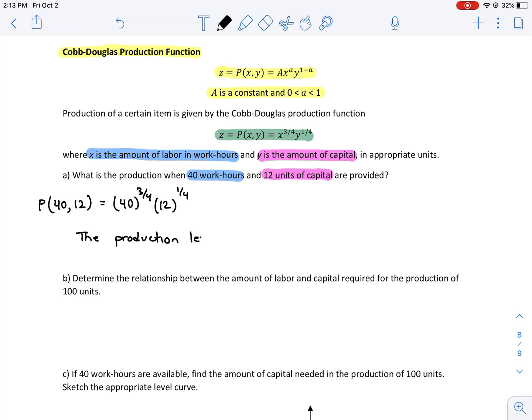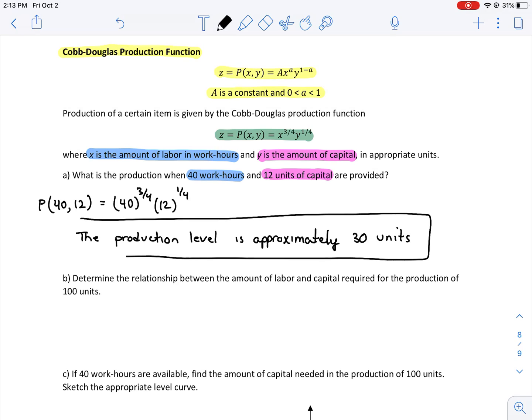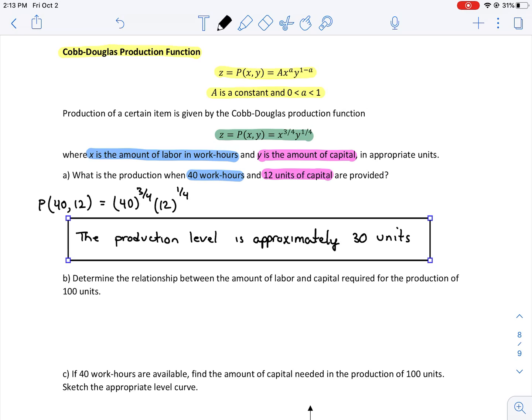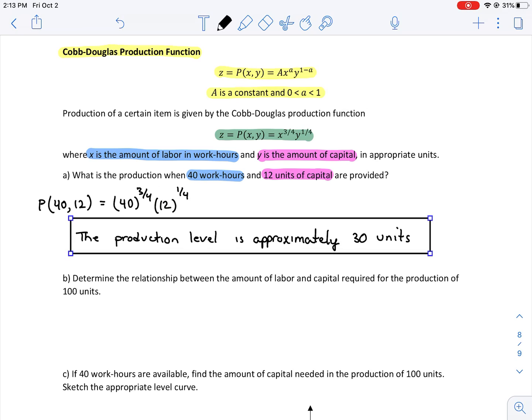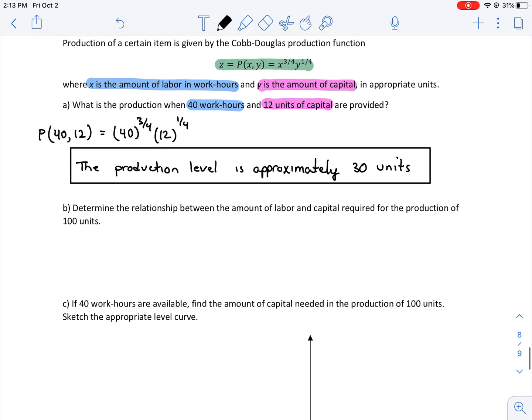The production level is approximately 30 units.